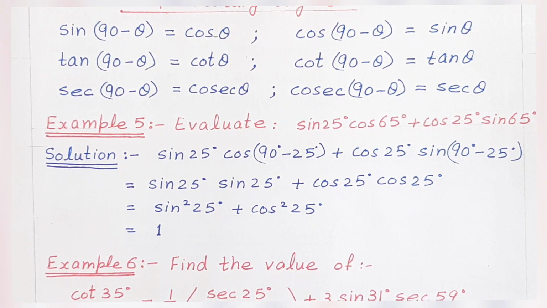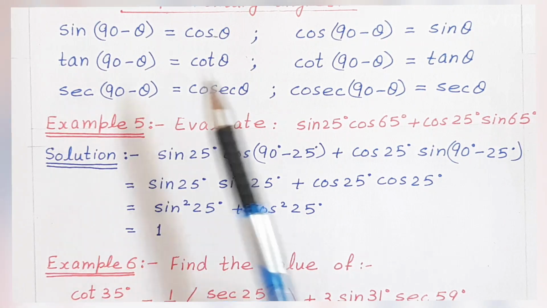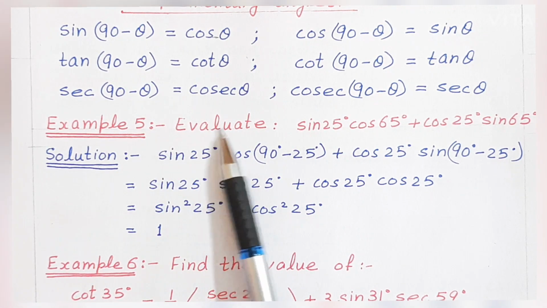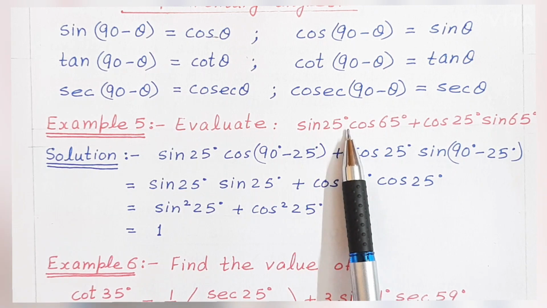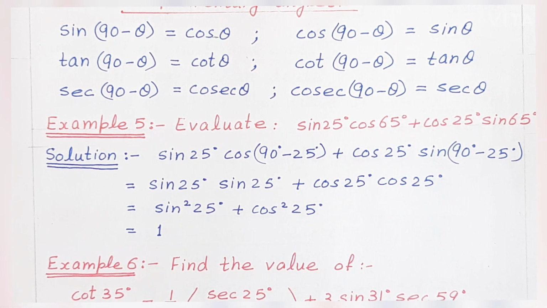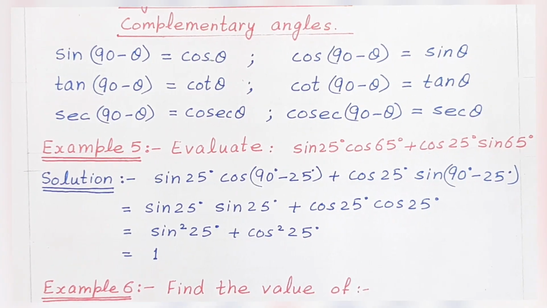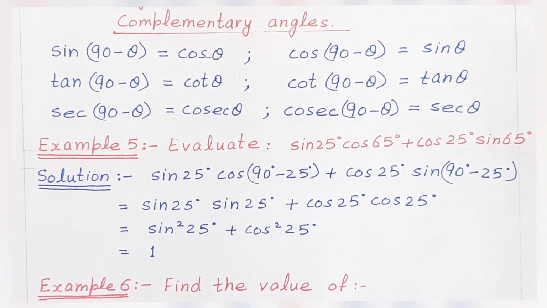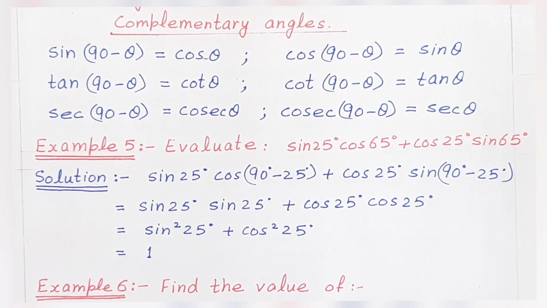So now let us do a question based on this. Example number 5 is, evaluate sin 25 degree cos 65 degree plus cos 25 degree sin 65 degree. Clear? So what to do here? Now you can see.